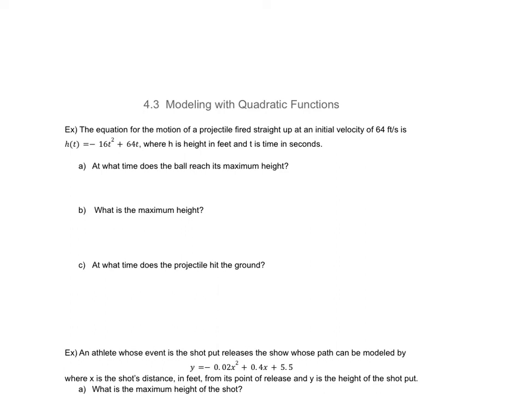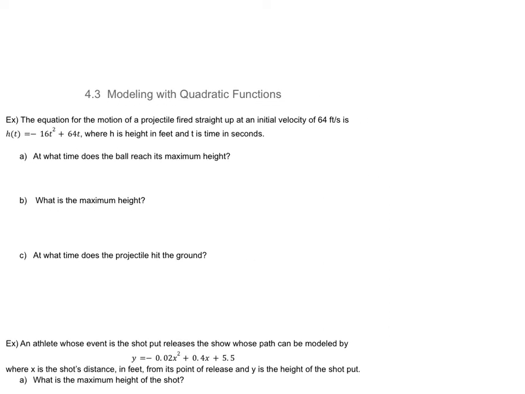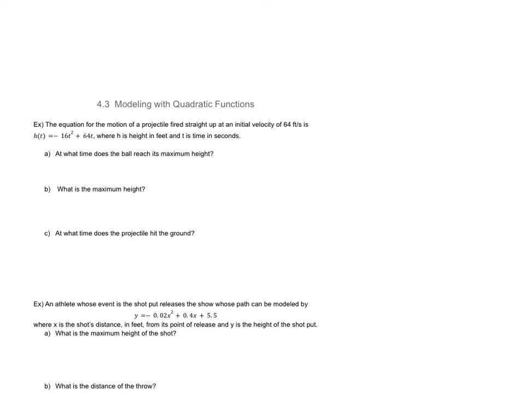The equation of the motion of a projectile fired straight up at an initial velocity of 64 feet per second is, and then there's that equation, where h is the height in feet and t is the time in seconds. So on all these graphs, I like to sketch a little picture of what it looks like.